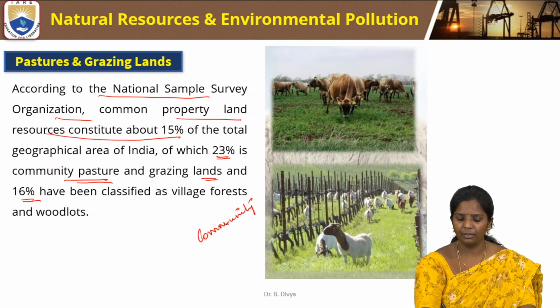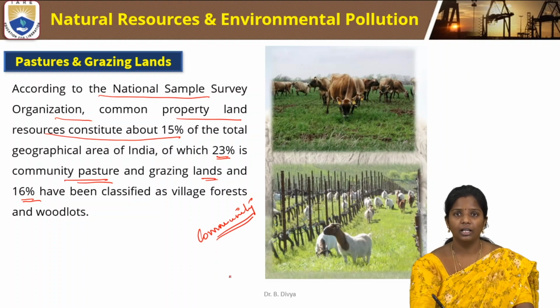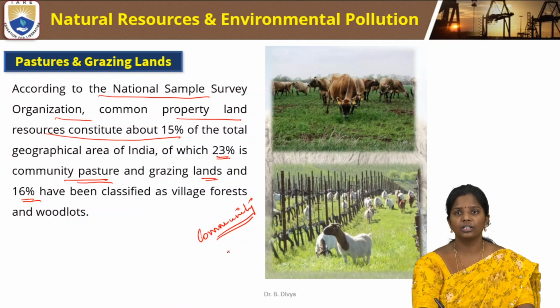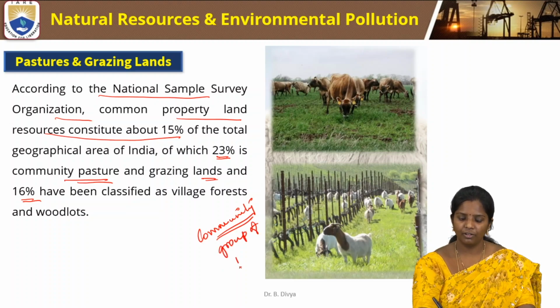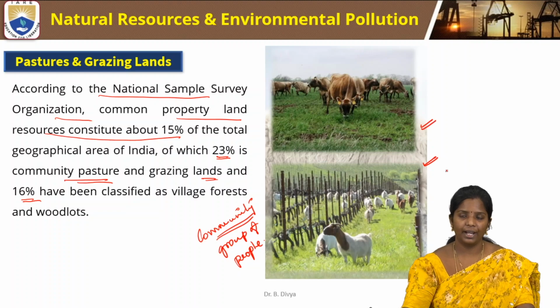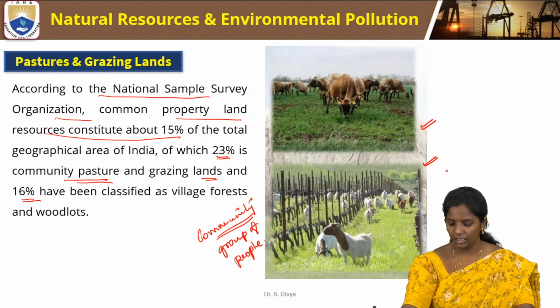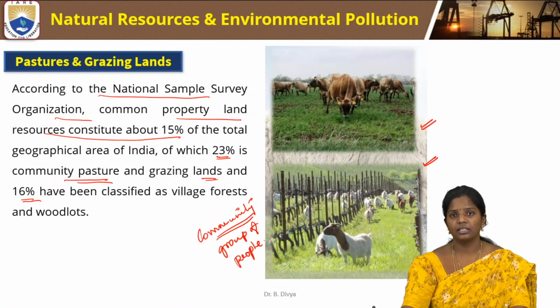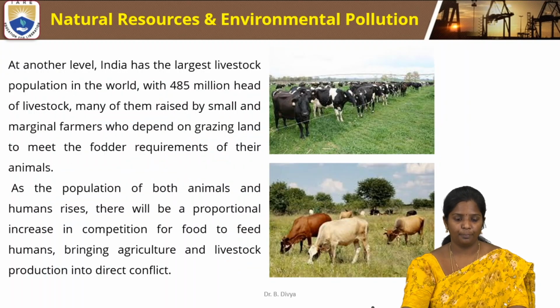The grazing of animals can be done on community lands. We have seen the ownership divisions, where community ownership means a community group of people will manage this type of lands. So the grazing is also given under these types of lands, wherein that community will be protecting and has the rights on that property.